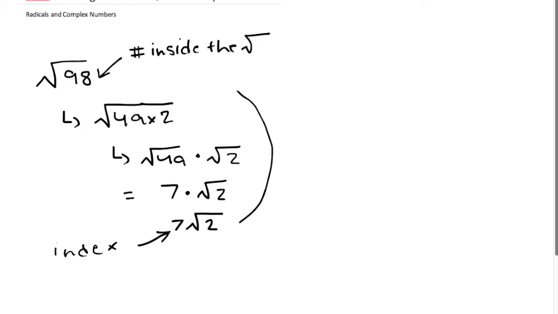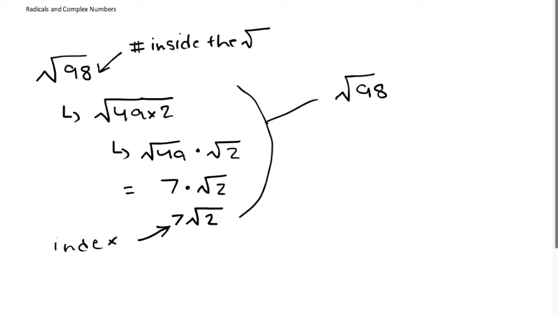Let's check it over here. So the square root of 98, when I punch that into my calculator, is approximately 9.99.